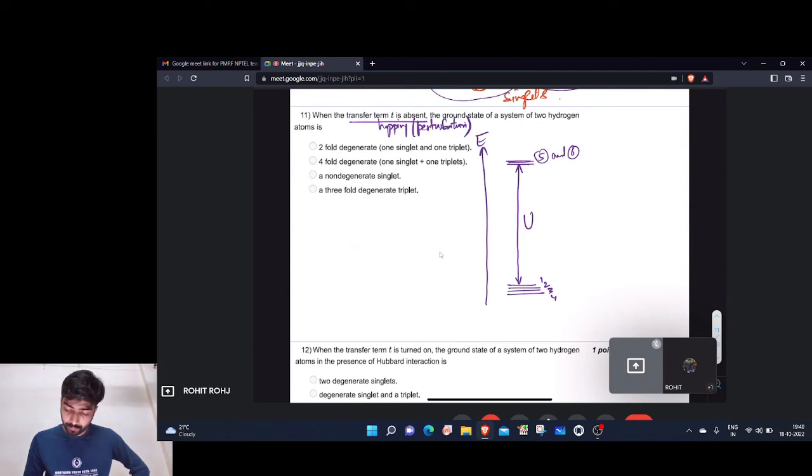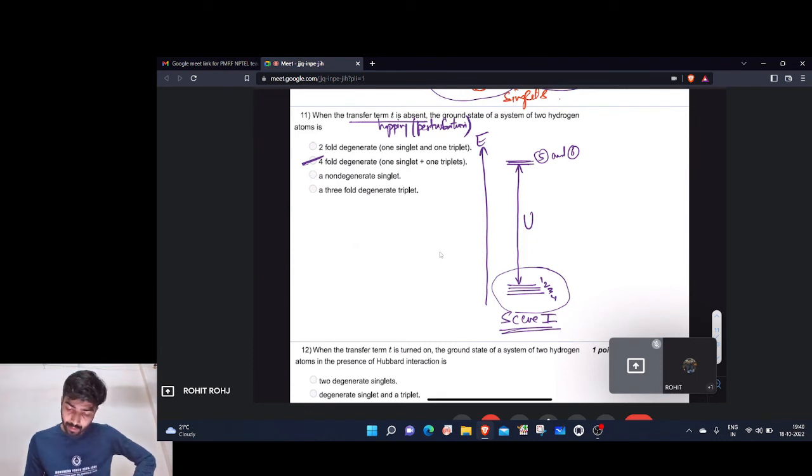Let me call it scene 1. So in scene 1, the ground state of the system, of 2 hydrogen atoms, is 4-fold degenerate. We have 1, 2, 3 and 4 as a 4-fold degenerate system.